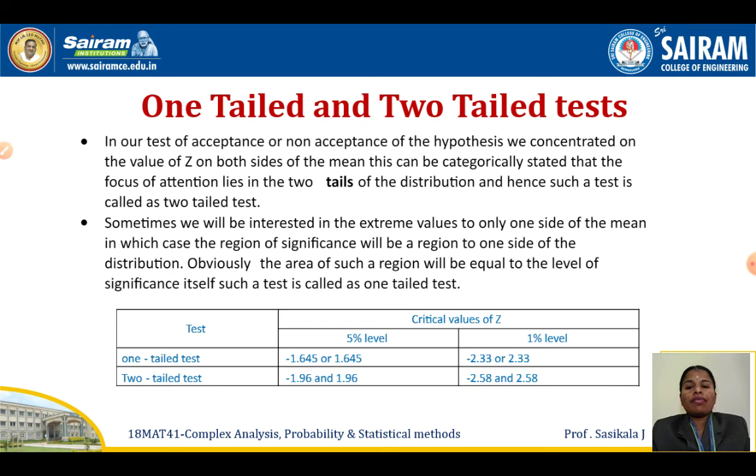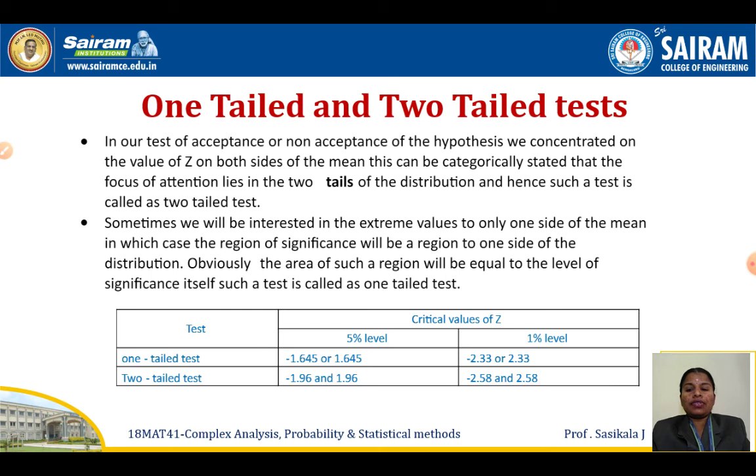Sometimes we will be interested in the extreme values on only one side of the mean, in which case the region of significance will be a region on one side of the distribution. The area of such a region will be equal to the level of significance itself. Such a test is called a one-tailed test.